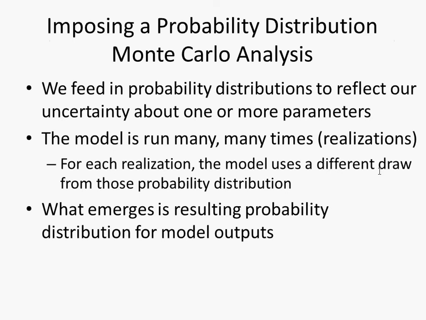In these cases, it's not so amenable to systematic exploration of all possible combinations of values. And we've seen how with Latin squares, on the one hand, and orthogonal arrays, we can reduce that. But there's another technique known as Monte Carlo analysis.